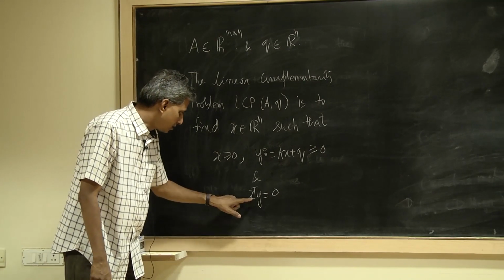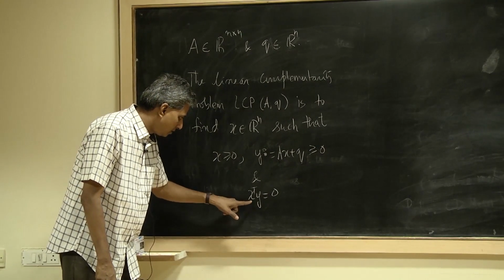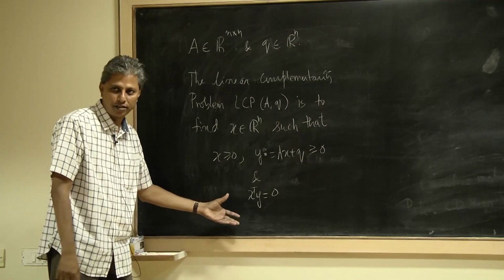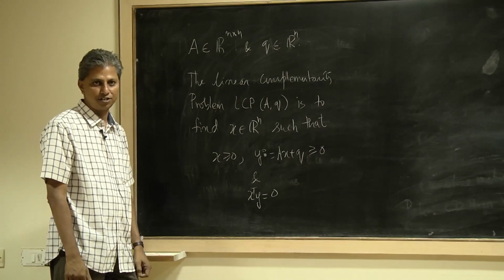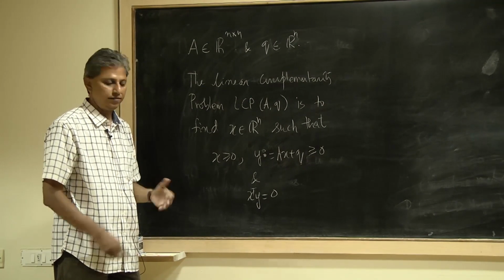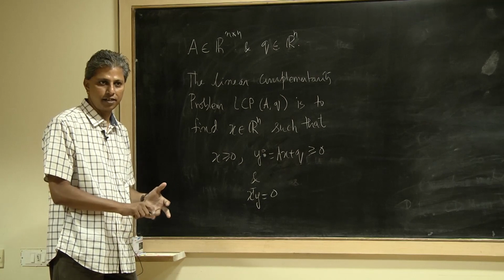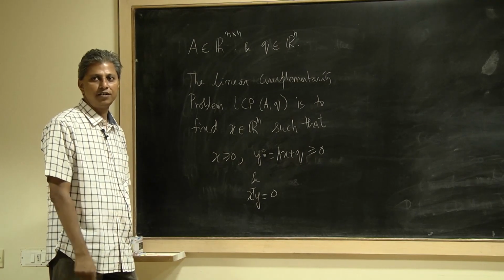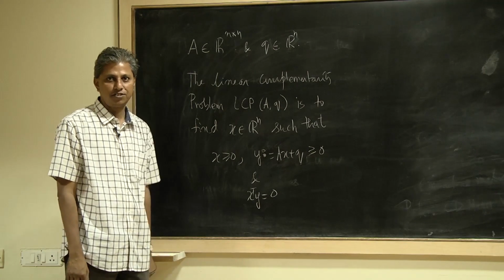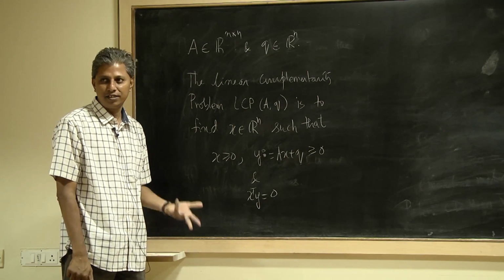This condition X transpose Y equal to 0 means that summation Xi Yi, this is the usual inner product, is 0. Now look at each Xi Yi: Xi is non-negative, Yi is non-negative. So a summation of non-negative terms equal to 0 means that each term must be 0, which means Xi Yi is 0 for all i.